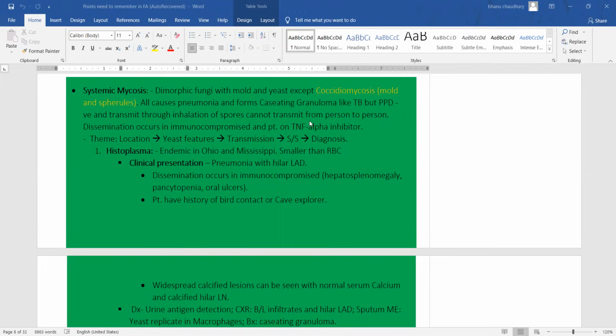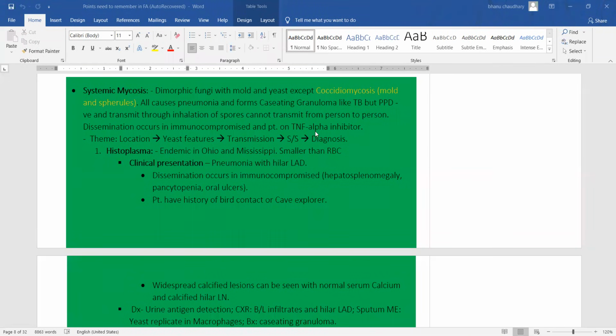Okay, and dissemination will occur. Of course, initially you will get pneumonia only. But if you become an immunocompromised patient, or you are a patient on TNF alpha inhibitor therapy, like I told you, TNF alpha is required for granuloma maintenance.